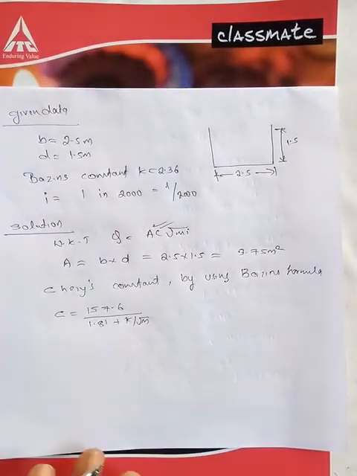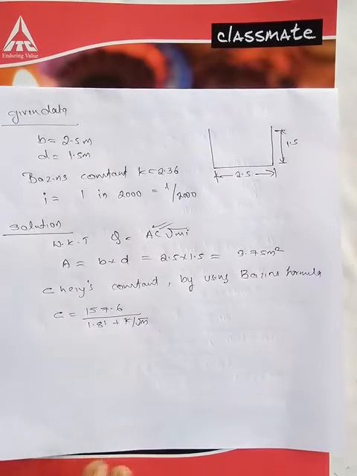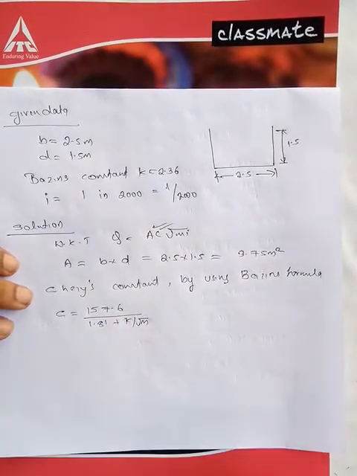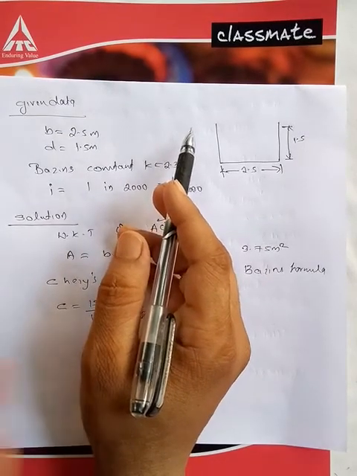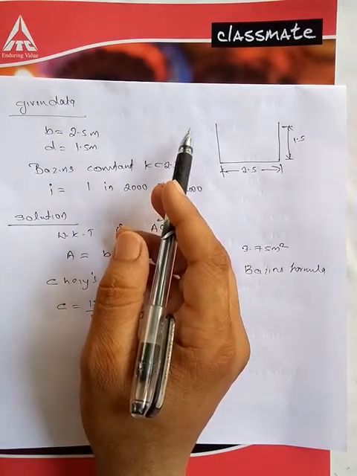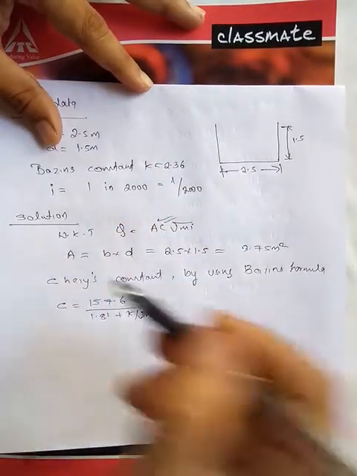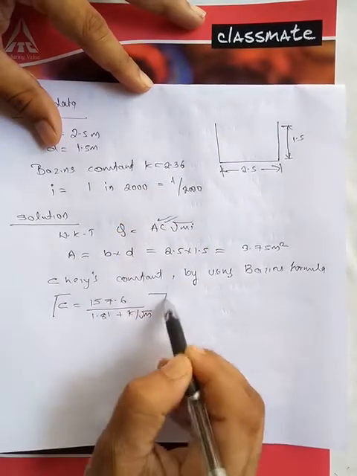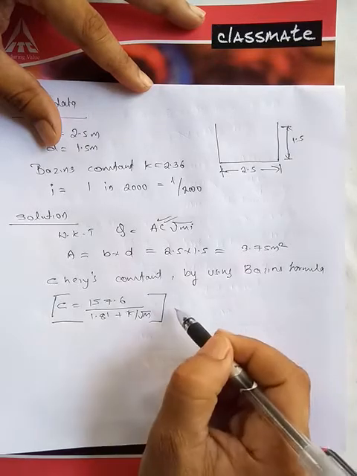Sometimes in the question they will give the formula, but you should study this formula, because sometimes they won't mention the formula, they just give the K is equal to 2.36 in Bazin's formula, so apply the formula. You have to remember this formula. C is equal to 157.6 divided by 1.81 plus K by root m.